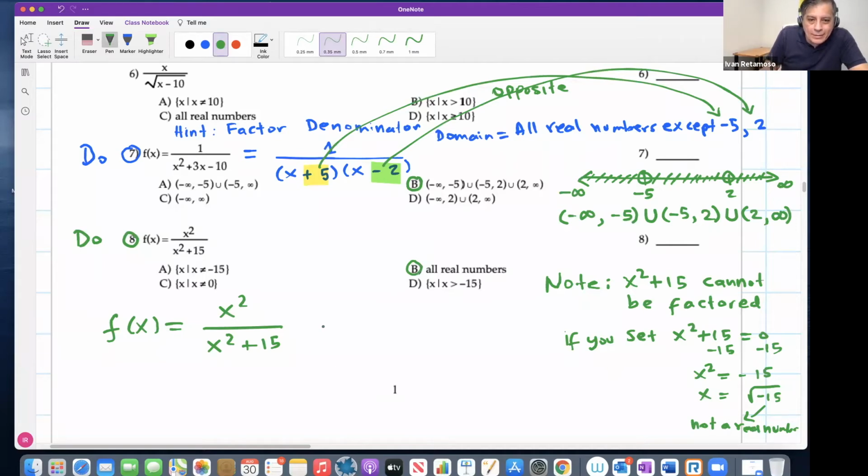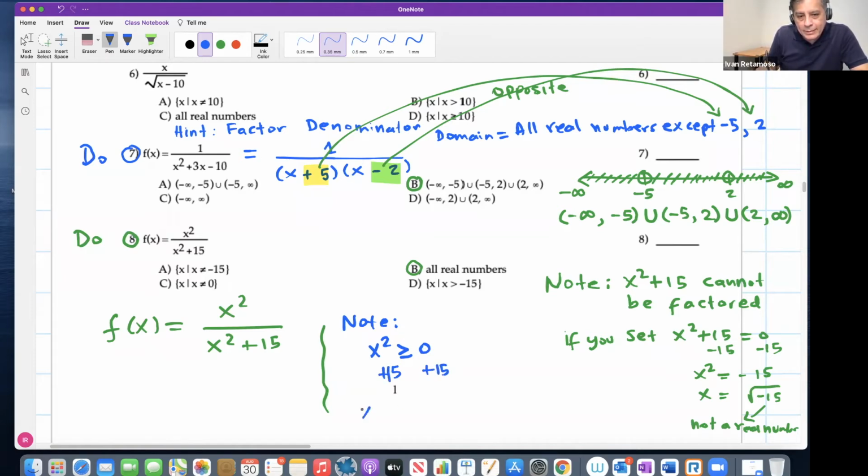Another way to explain this, to support this, note again, is this. x squared is greater than or equal to 0, for any value of x, positive or negative. Notice what happens if you add 15 to both sides of this inequality.